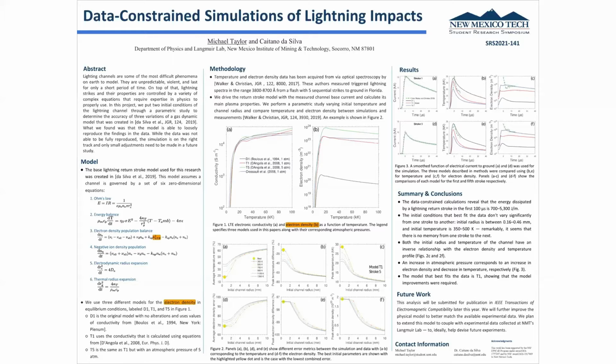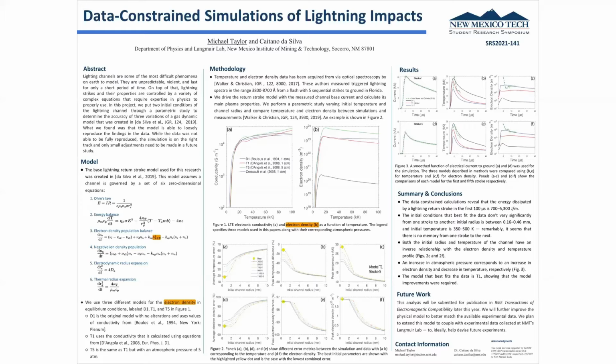And we tried to compare a model that was put in place in my professor's paper to match up as best as it could to reproducing the temperature, electron density, and other measurements. What happens in the original paper is the model solves 6 zero-dimensional equations, equations 1 through 6. Some notable mentions are Ohm's law and electron density population.